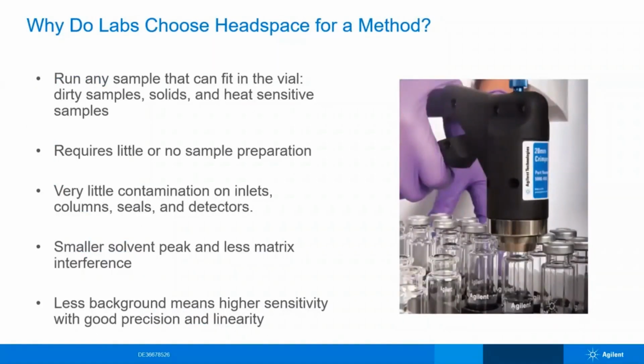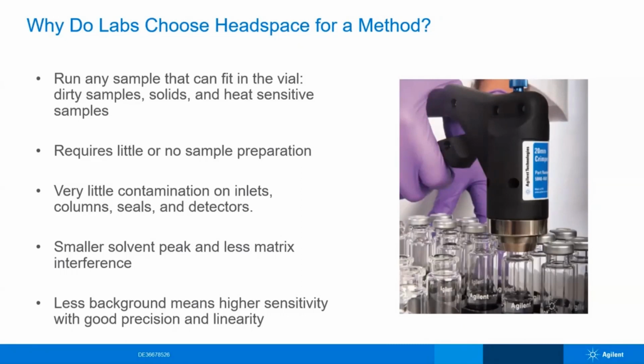So why do labs choose Headspace when they're looking at developing a method? The biggest reason that differentiates Headspace is that it can handle just about any sample that goes into the vial. Anything from dirty samples, solids, to heat-sensitive samples, things like dirt itself, metallic samples, anything that can really pose a significant sample cleanup challenge is perfectly measurable in Headspace with very little to no sample preparation.